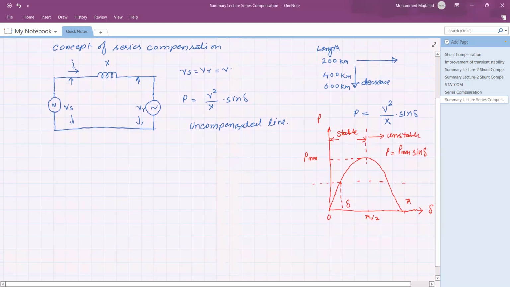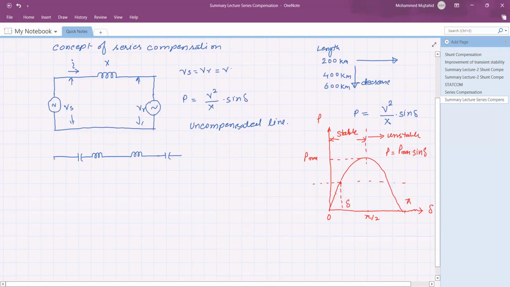Now we want to apply series compensation. Under such series compensation, we connect a capacitor in series with the transmission line. The same transmission line is there, only we are connecting the capacitor, and the total transmission line is divided into two parts, to draw the vector diagram.